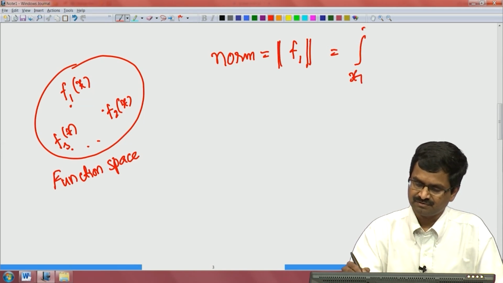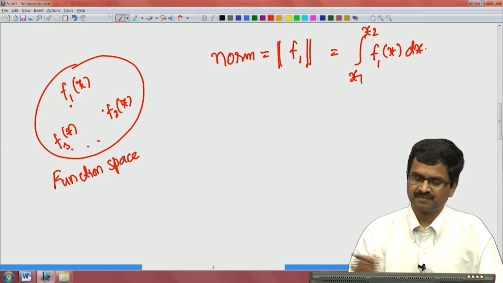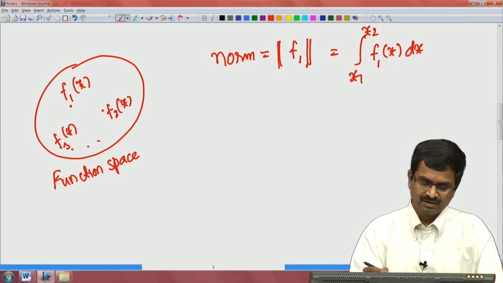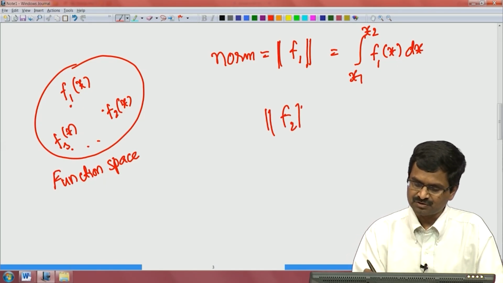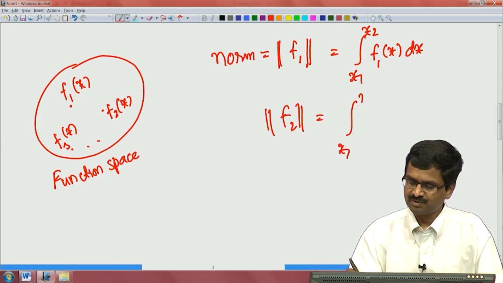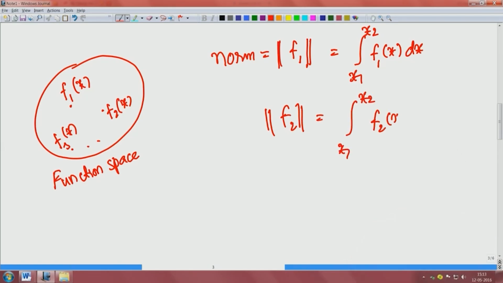If the domain is from x1 to x2, I can say the integral from x1 to x2 of f1 of x dx, a real number, since a norm should be a real number. Similarly I can define it for f2, the integral from x1 to x2 of f2 dx. So, the norm of f1 tells me something about f1, just like in a population, a group of people, a norm can be the height of the person. For every person there is a height, for every person there is a weight, those are norms. So, you can take one element of the function space or vector space and talk about its norm.